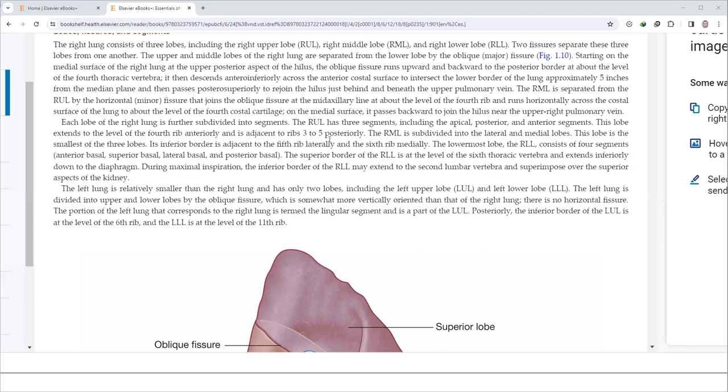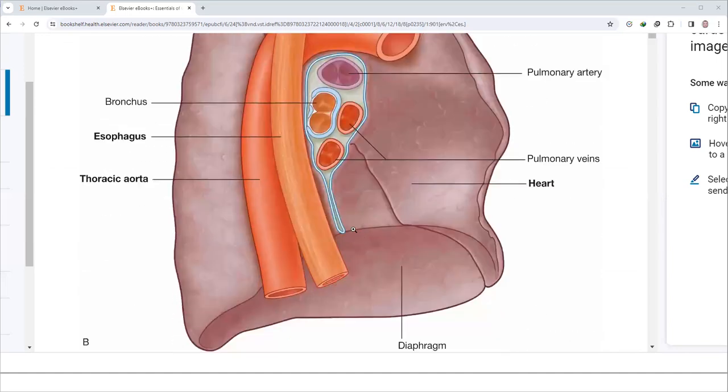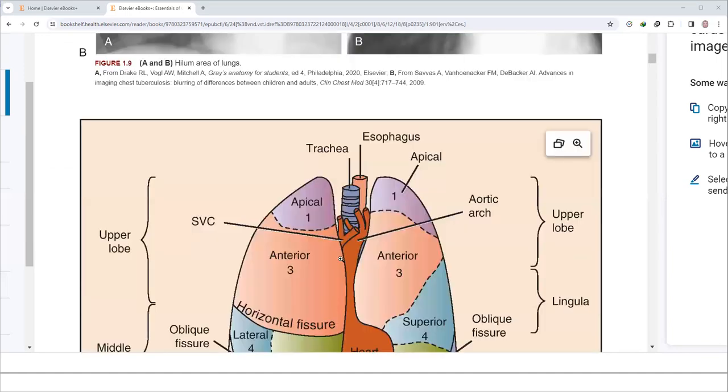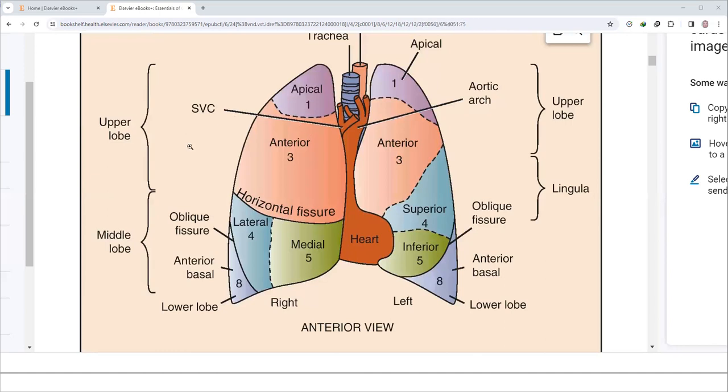The right upper lobe has three segments, including apical, posterior, and anterior segments. These are good and we need to know. Okay, so after we divide the right lung into three lobes, now we divide each lobe into segments.